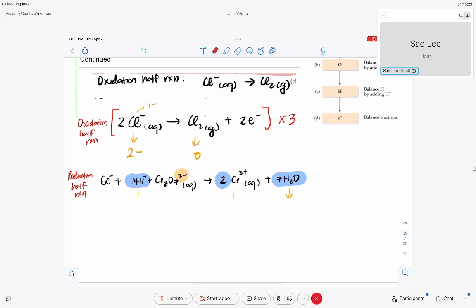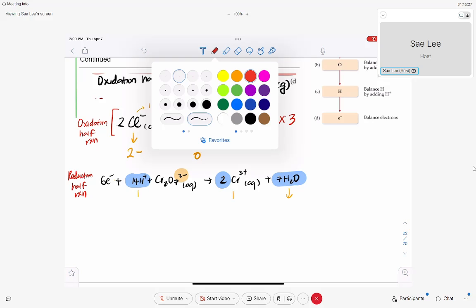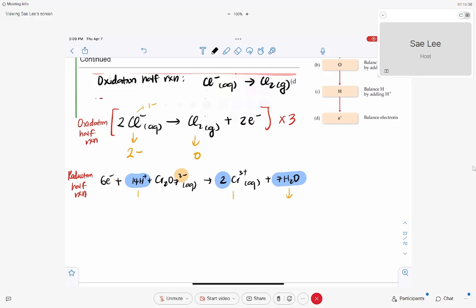Multiplied by 3. So in that case, we will have 6 chloride, 3 chlorine gas, plus 6 electrons.